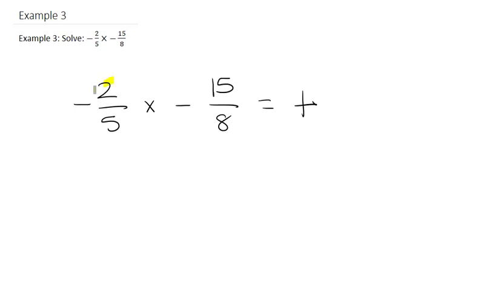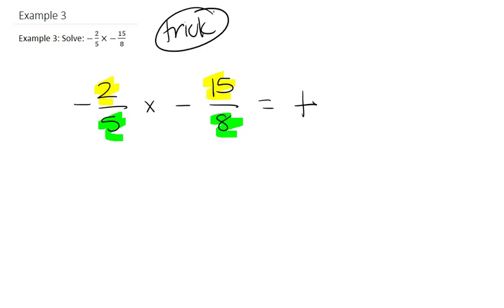All we're going to do is multiply the top numbers together, and then multiply the bottom numbers together. Now, a really fun, cool trick is that we can divide out common factors before we even multiply. This is when we look at the cross multiplication here.